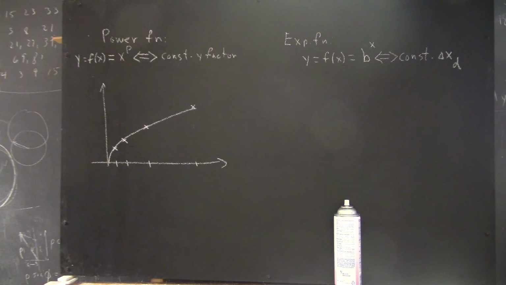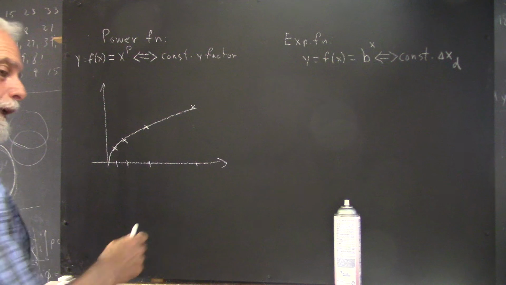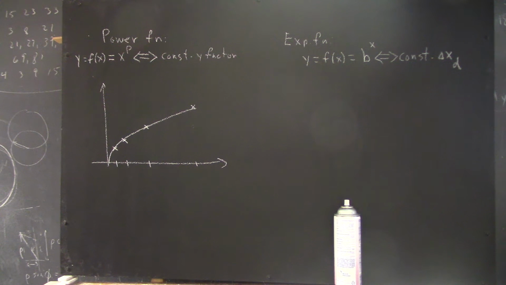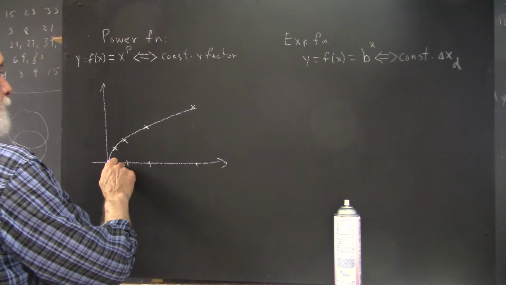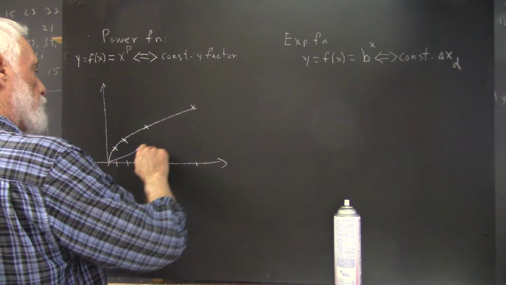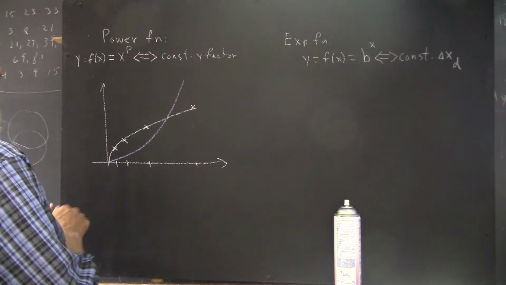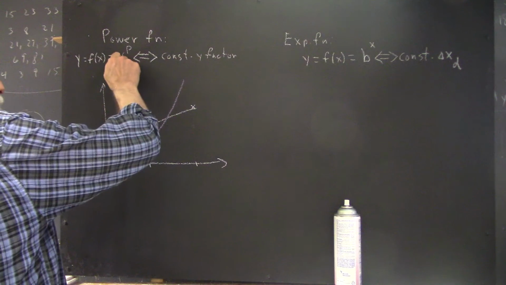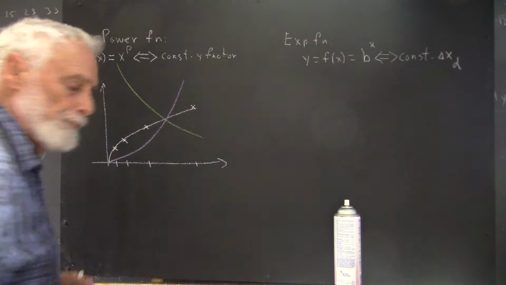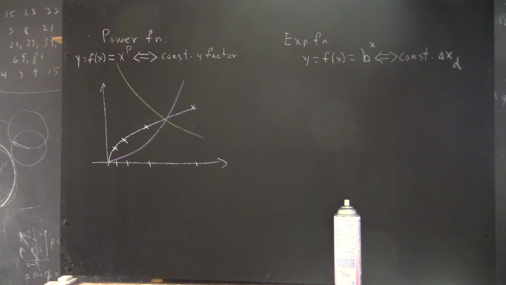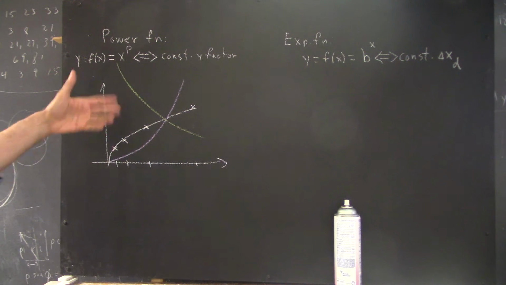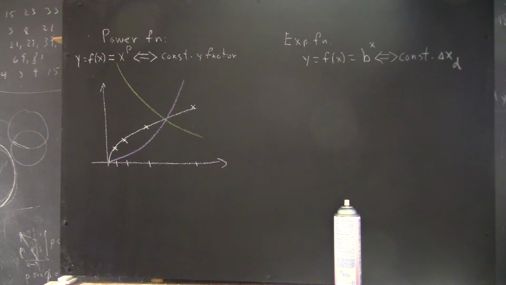Now, different values of the y factor can give you graphs that look like this, or even like this. And we've explored those. Everybody's constructed those graphs, so everybody should be completely familiar with what this means.